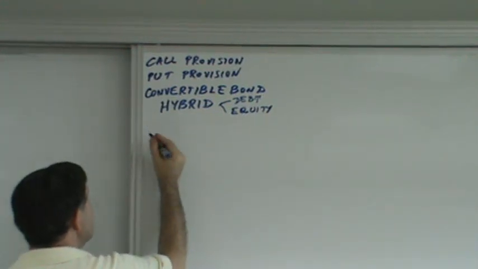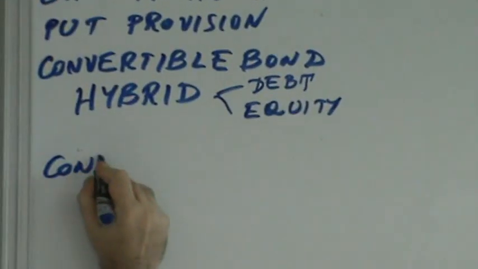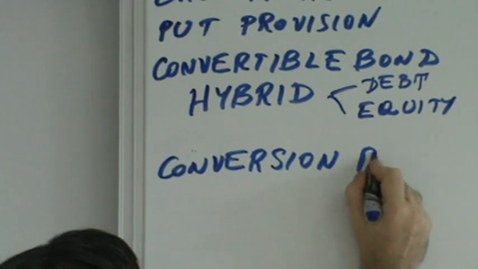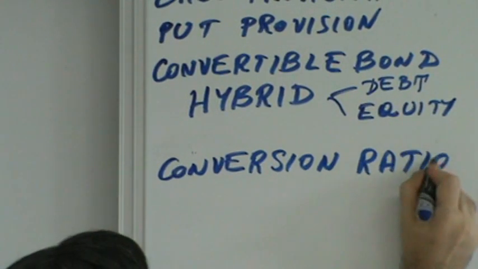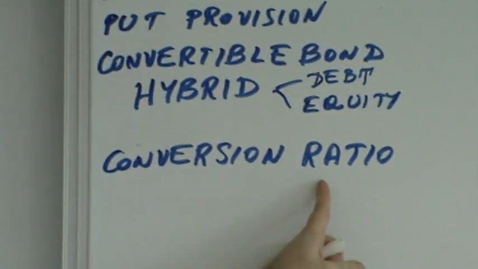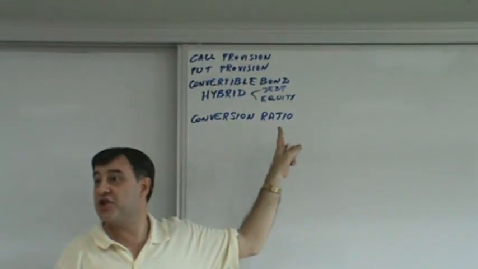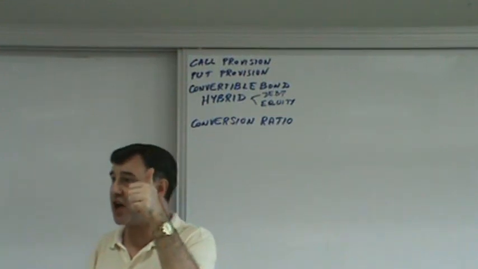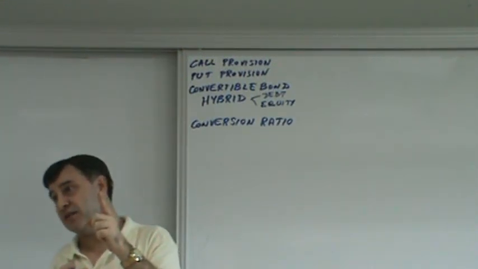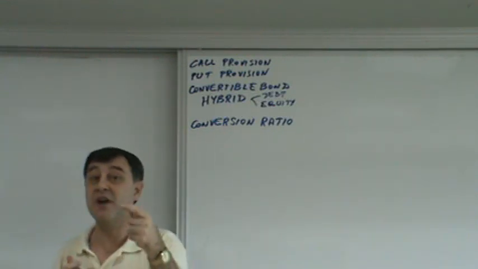This number of stocks is called conversion ratio. And conversion ratio gives you the number of shares that you can get for one bond. It could be 10, it could be 20, it could be 100.